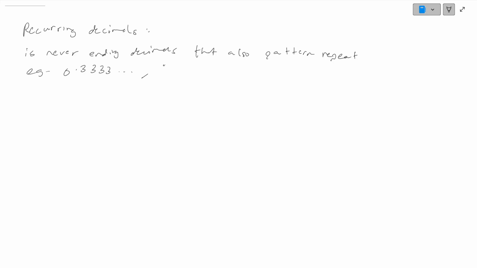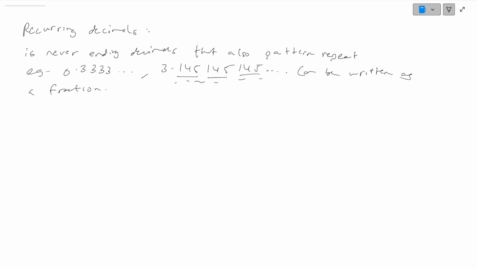So another example is 3.145, 145, 145, and so on. It's a never-ending decimal, and it's also pattern repeating. Those are what recurring decimals are. This specific type of recurring decimal, even though it never ends, can be written as a fraction.